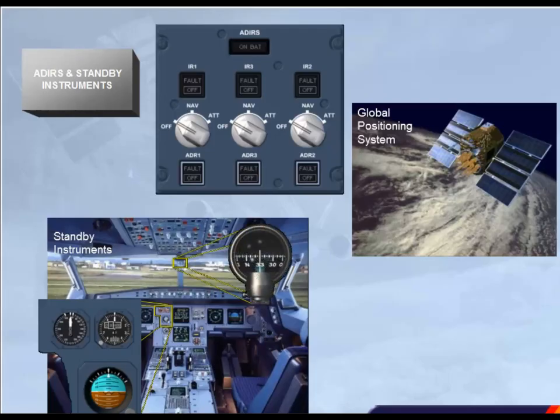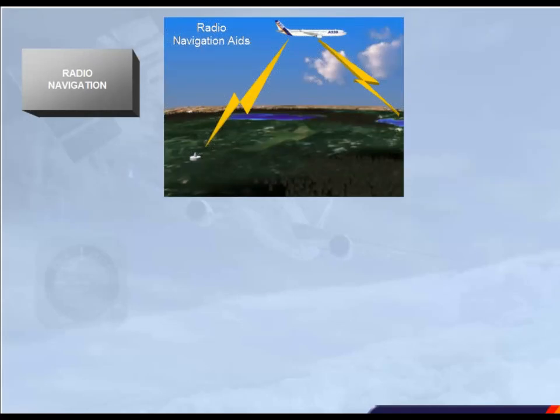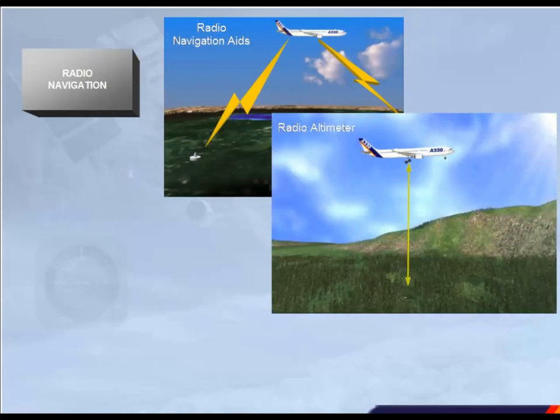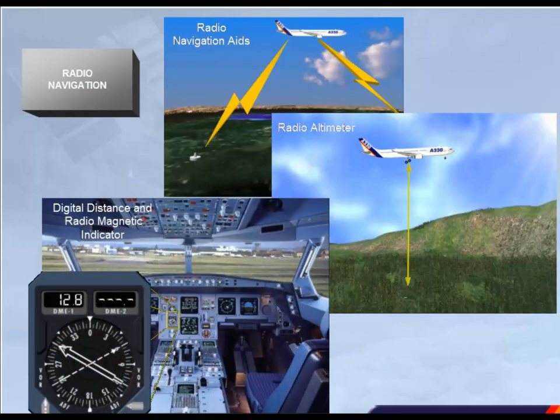Let's concentrate on the radio navigation group. The radio navigation group includes radio navigation aids, radio altimeters, and the digital distance and radio magnetic indicator, DDRMI.